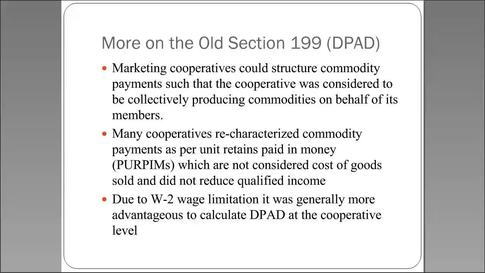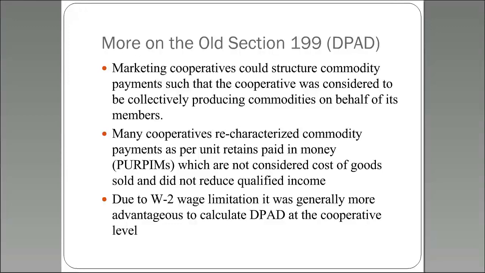So marketing co-ops could structure their commodity payments so that they were collectively producing those commodities and just pooling them. And that meant that the payments that they made to their producers were an advance on their final pool, but we're not purchasing the co-ops. And I'll show you later when we get to some example numbers. This made a huge difference in the amount of qualified income.